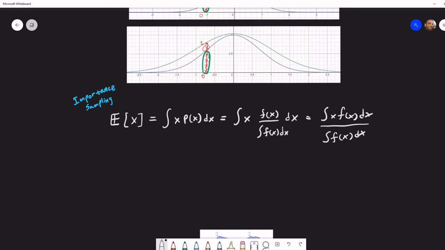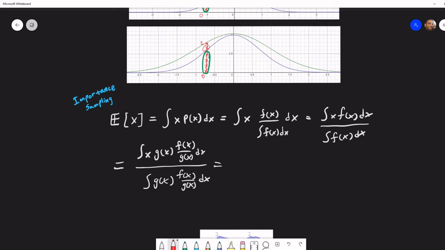Now we can use the importance sampling trick on both the numerator and the denominator. And again, we can look at this as if we are drawing from the proposed distribution and calculating some quantity of interest.